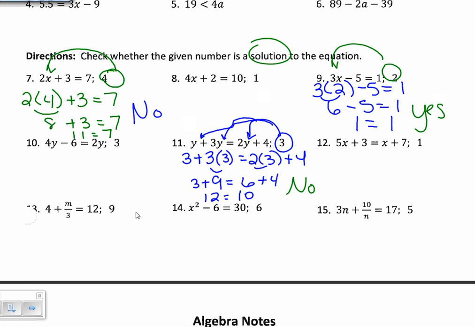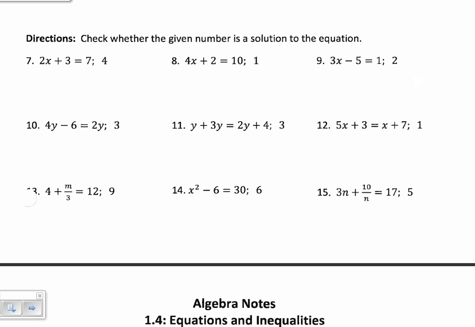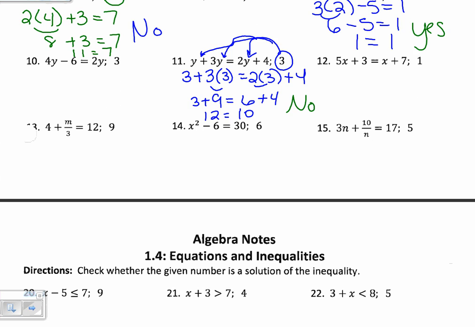Let's do one more perhaps here. Let's do number 13. Same thing. I'm going to take 9 and plug it in for my m. Anywhere I see an m, I'm going to take it out and put in 9. So I have 4 plus 9 over 3 equals 12.